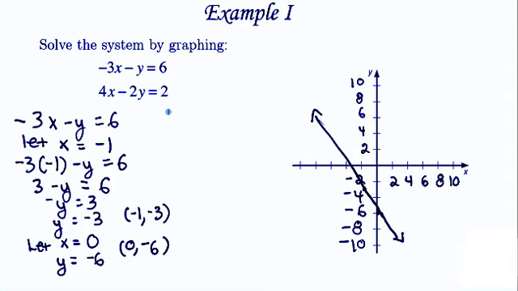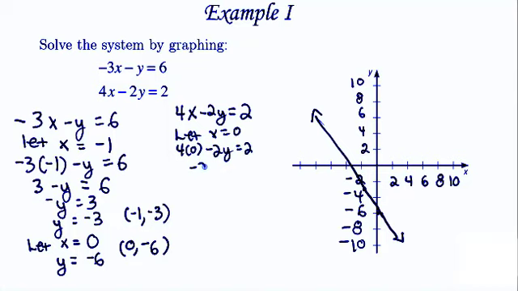For my second line, I have the equation 4x minus 2y equals 2. Again, I need to find a couple of points to graph. Let's let x equal 0 and solve for y. And that's going to give me minus 2y equals 2, or y equals -1.